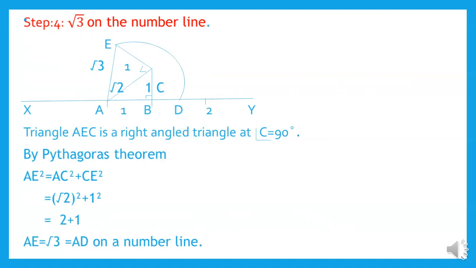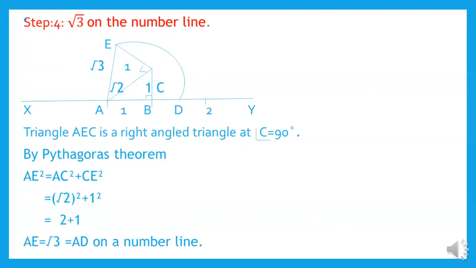Here AC we already found in the previous step, its value is root 2, and CE is 1 unit. So now root 2 whole square plus 1 square. Root 2 whole square means its value is 2, because square and square root get cancelled. Plus 1 square means 1. Now AE is equal to root 3.